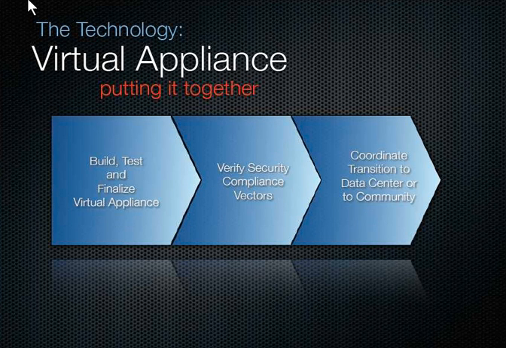We want to build, test, and finalize that appliance so that we can provide some documentation and instructions around what it will do and how it does what it does. All these things go into meeting compliance vectors for security. Once we have all these things in line and we follow that process down to transition into production, we'll have a smoother process, and all our components will be in place to actually maintain and support that piece of application.